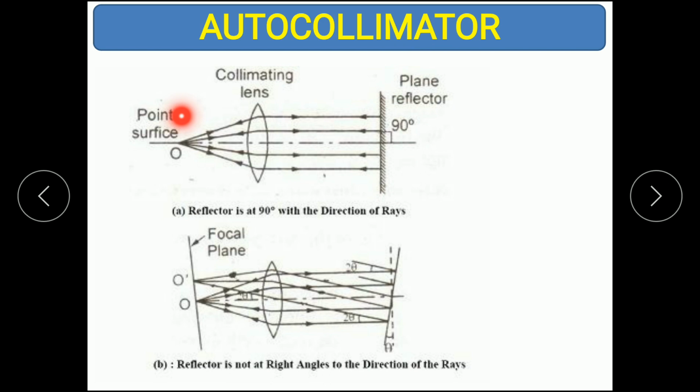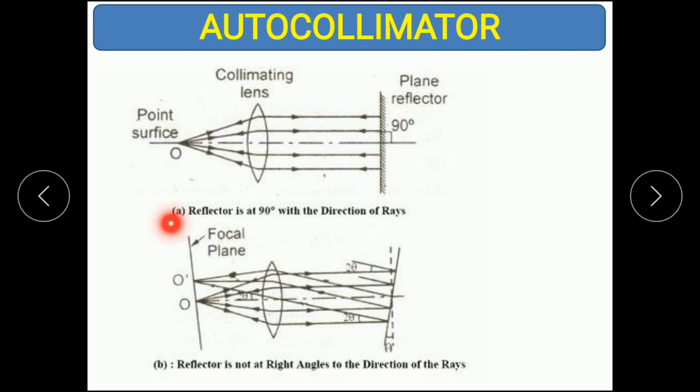In that case, the light source rays go through the collimating lens, and once they impact this plane reflecting surface, they are reflected back along the same direction. The reflected rays also form a point source, and they come back to the same point from where the light source was generated, after reflection.